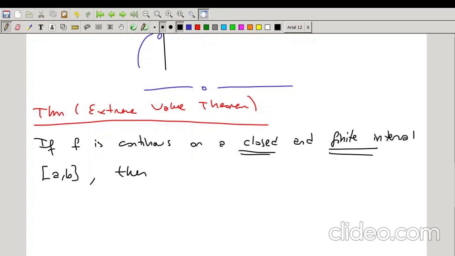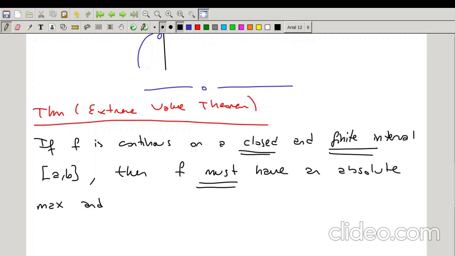Then f must have, and this is a strict condition, an absolute maximum and at least one. F must have an absolute maximum and absolute minimum value or values on [a, b].